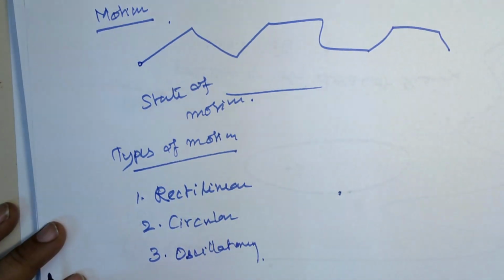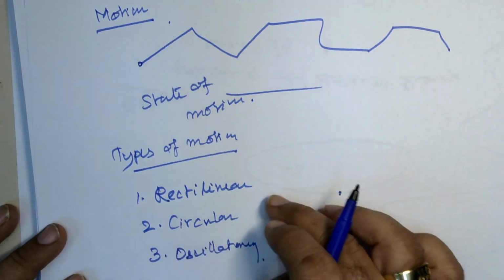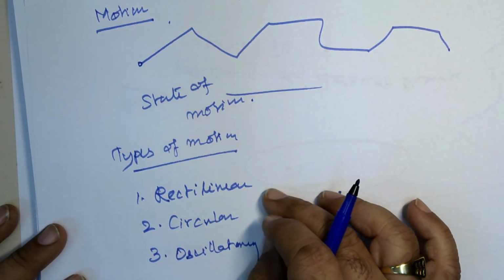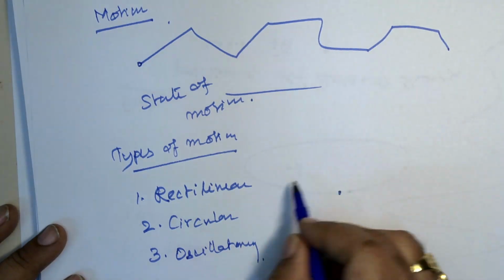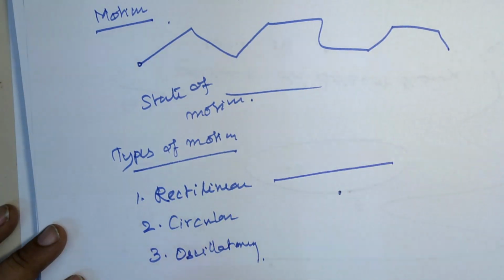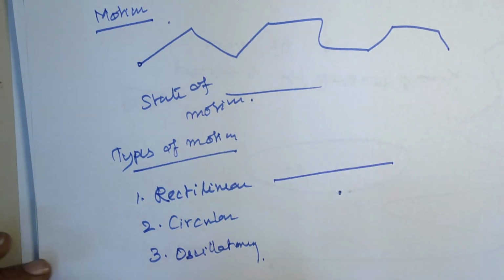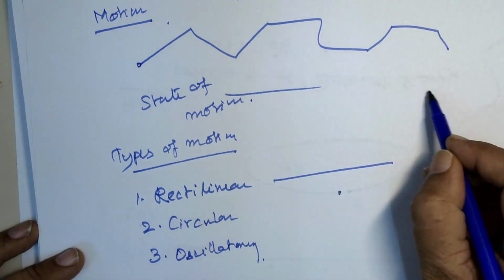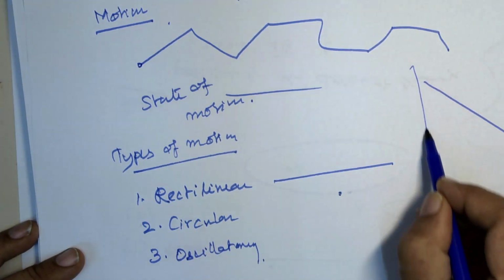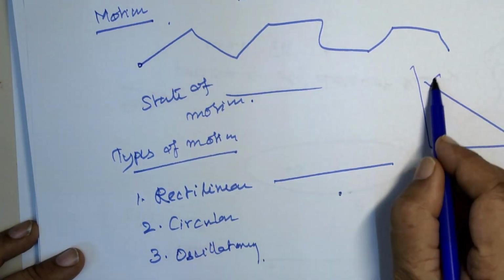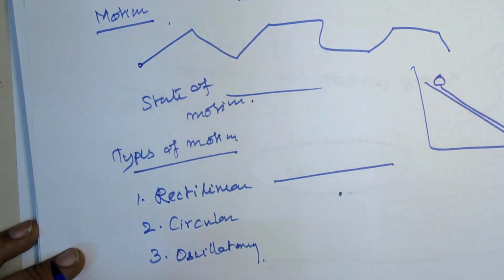What are the three kinds of motions? Rectilinear. What do you mean by rectilinear? It moves in a straight line. That is a motion of a sliding body on an inclined plane. For example, you have got some incline. So here the body can be sliding.